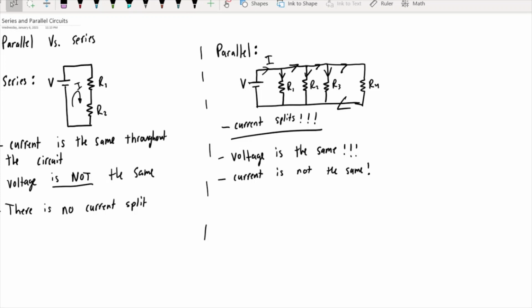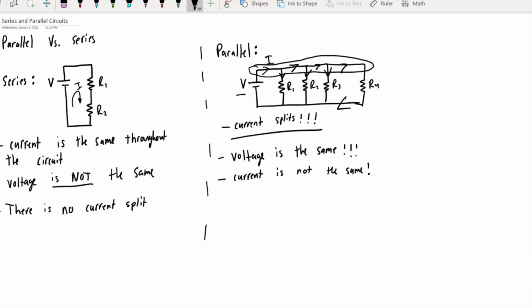You see that the current splits in a parallel circuit rather than being the same throughout the circuit like a series. And in a series circuit, the voltage is not the same across each resistor, as opposed to a parallel circuit, where the voltage is the same. That's because, as you can see, this voltage source right here, this whole upper part, is all one node.